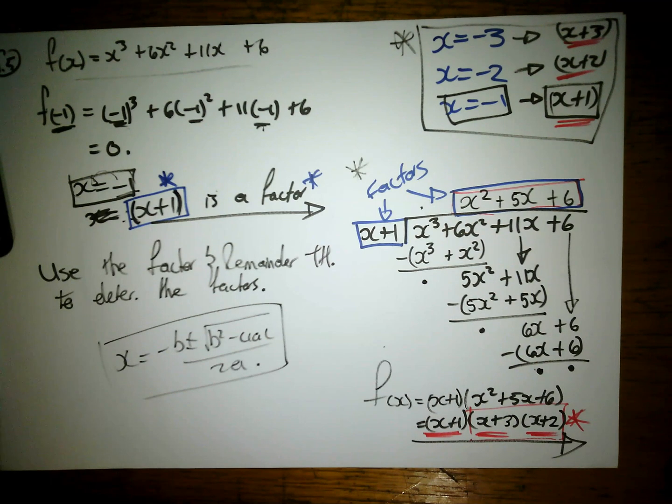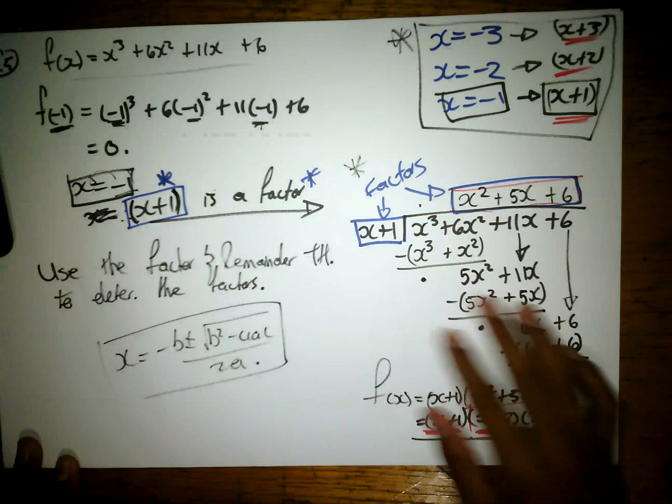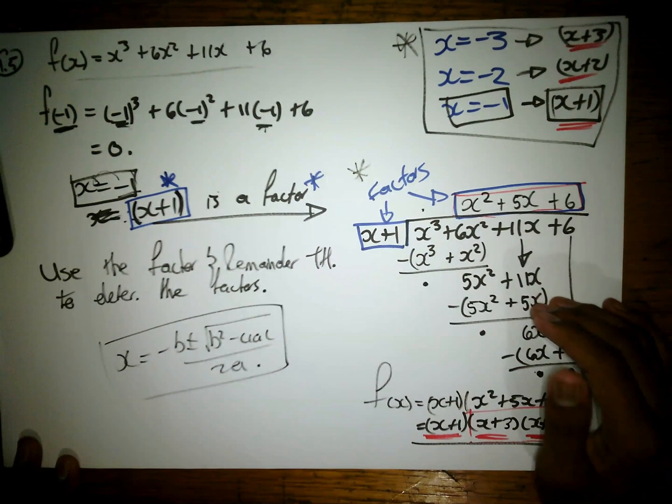I will try to make factor and remainder theorem videos this week if I can get a visualizer in a week. Then I will focus on this part much more, and maybe give you steps on how to do this properly.